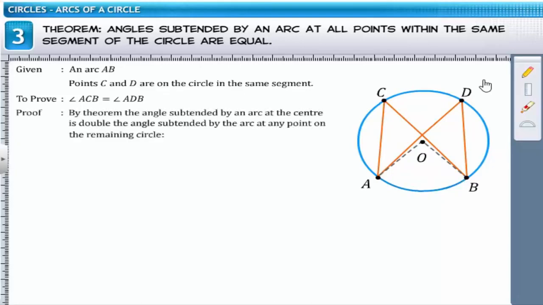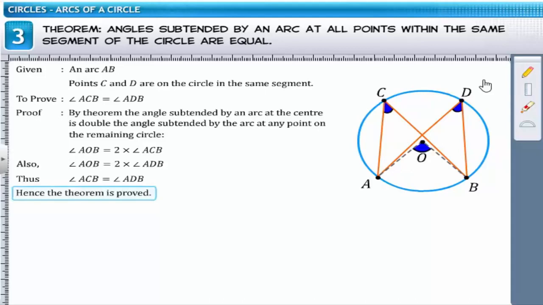By the theorem, the angle subtended by an arc at the center is double the angle subtended by the arc at any point on the remaining circle. We can say that angle AOB is double the sum of either the angles ACB or ADB. Thus, angles ACB and ADB are equal and the theorem is proved.